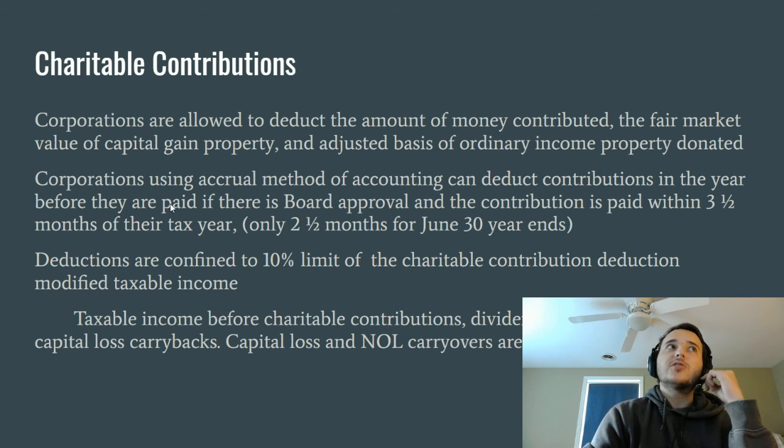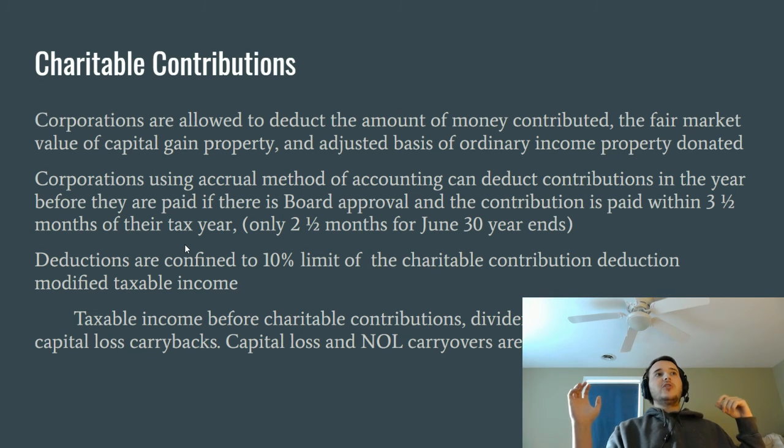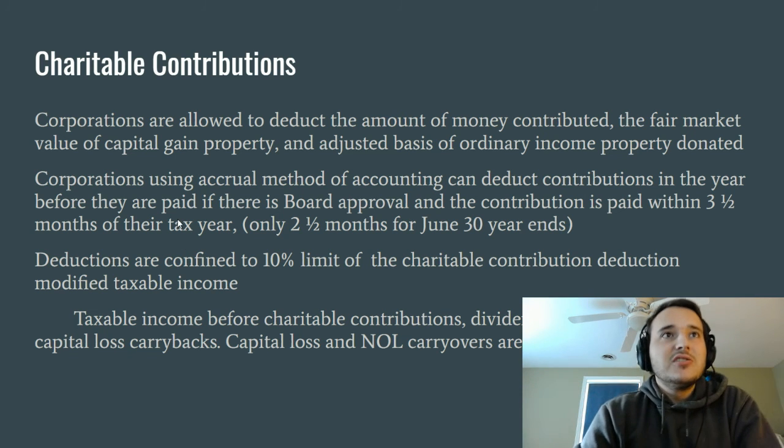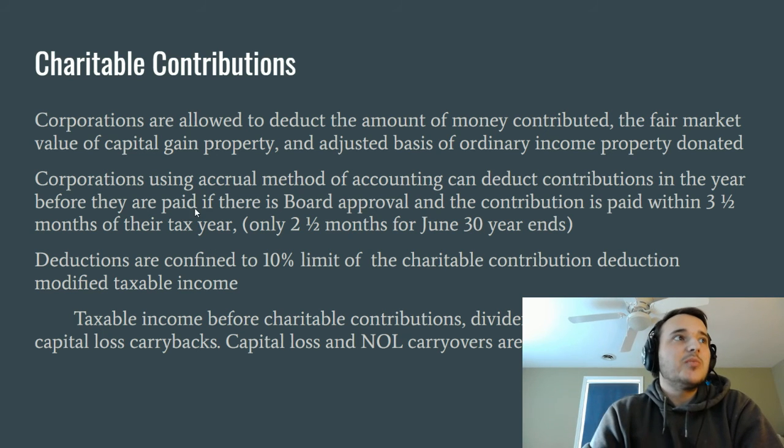Next is charitable contributions, which will deduct the amount of money contributed, the fair value of capital gain property, or the adjusted basis of property donated. The big difference for corporations is that there is a 10% limit of the charitable contribution deduction that is based on the modified taxable income.